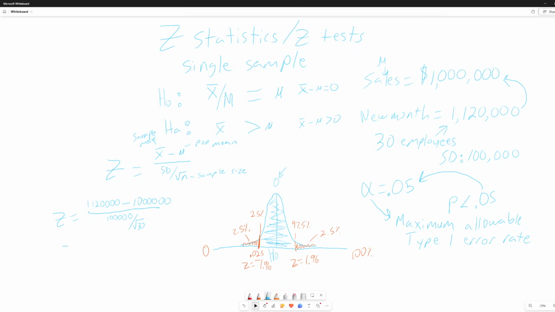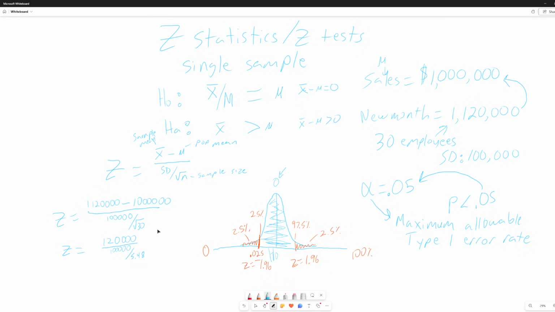So again, I start to solve this. Z is equal to 1,120,000 minus 1 million. So we end up with 120,000 on the top, the numerator, divided by 100,000 divided by the square root of 30, which I went ahead and calculated is equal to 5.48.